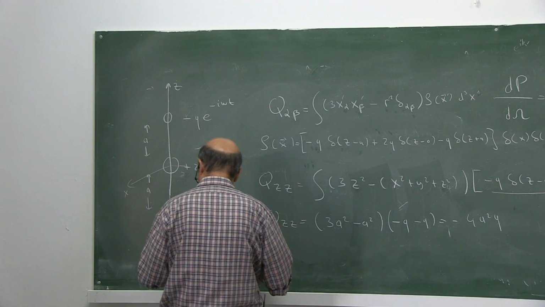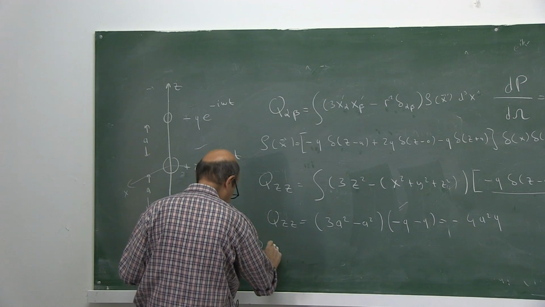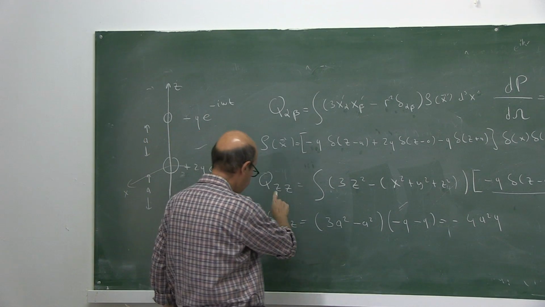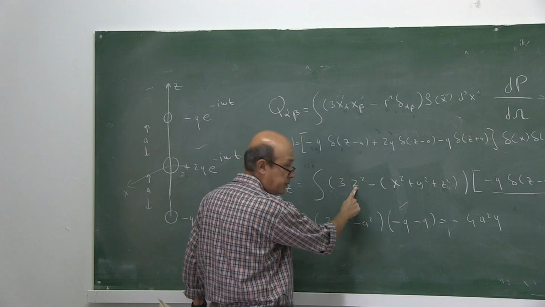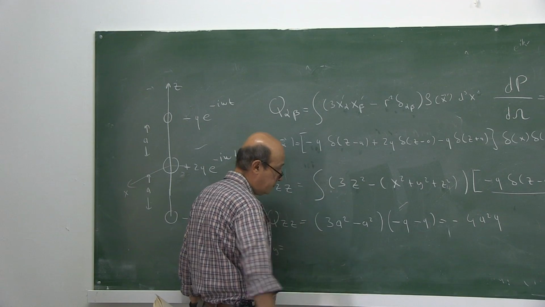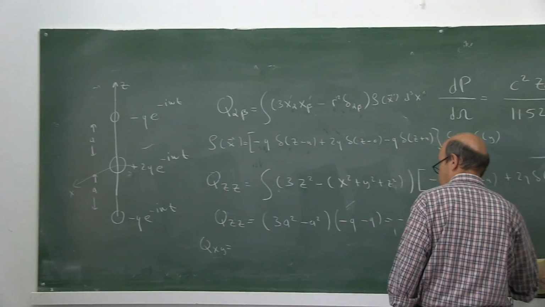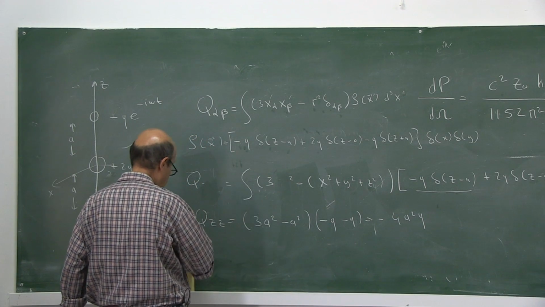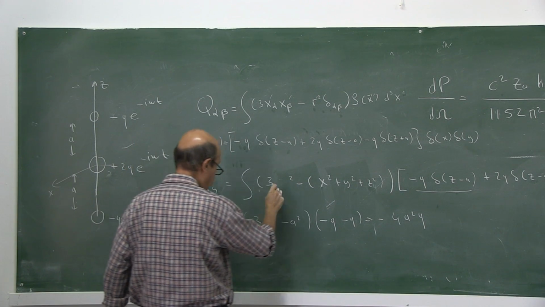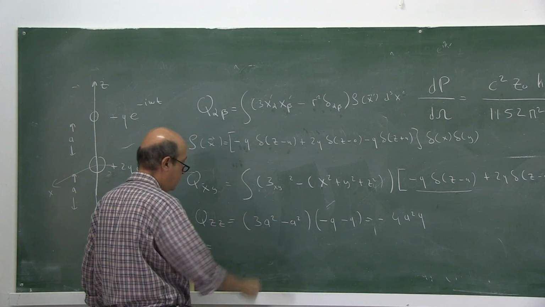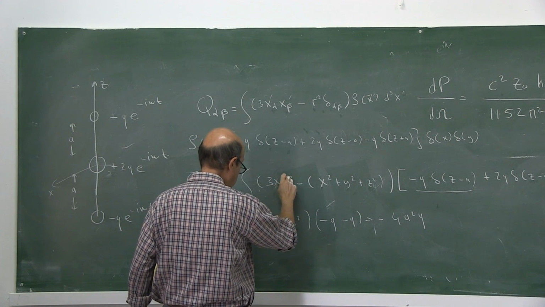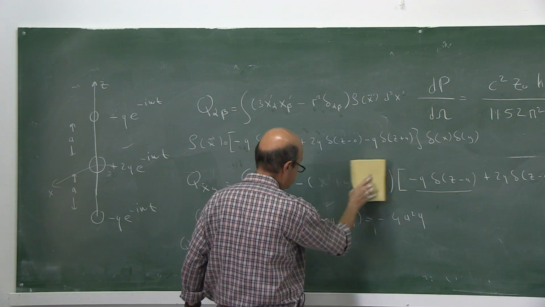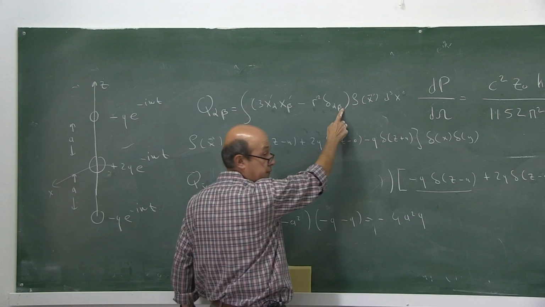So what are the Qxy quickly? What are the Qxy? This should be x, this should be y. If you calculate for xy, let me do xy, for example. Then this delta function will be what? 0, because alpha is different than beta.